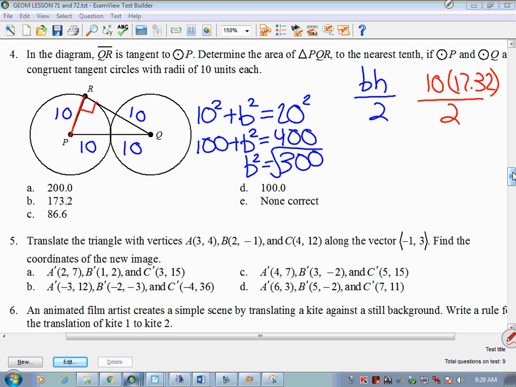What did you get? Anybody? 86.6. 86.6, and for whatever reason I can't find my paper for it. Oh, here it is. Let's take a look at that question and make sure we got it right. And we should get 86.6.